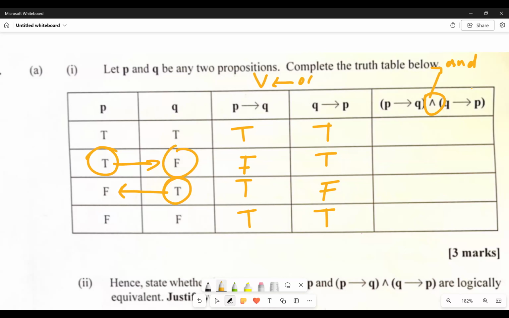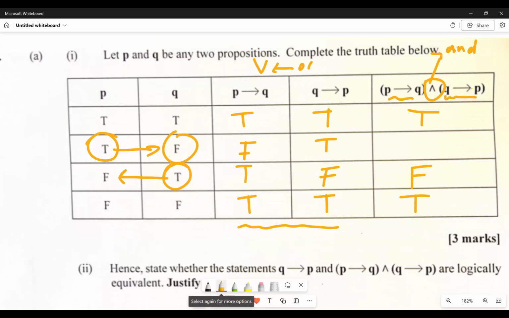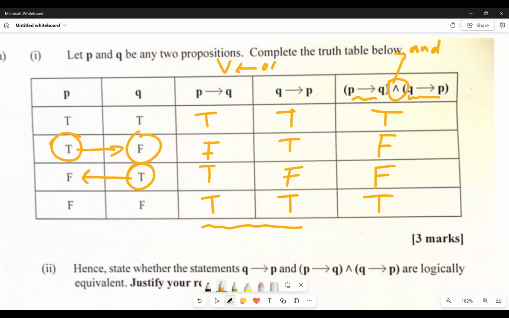So P implies Q and Q implies P is just the and of both of these. So this is true because true and true is true. Similarly, true and true is true. Otherwise, it has to be false. And that's kind of it for truth tables. Truth tables don't ask for a lot.